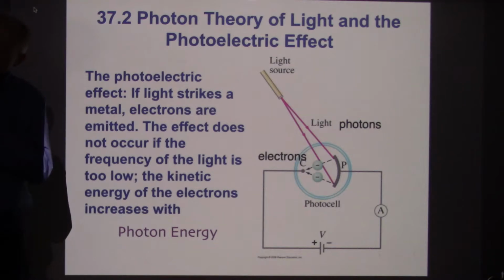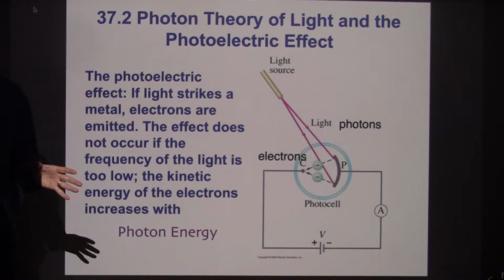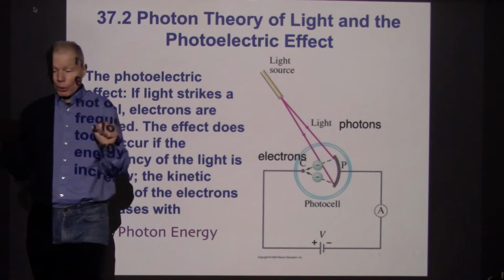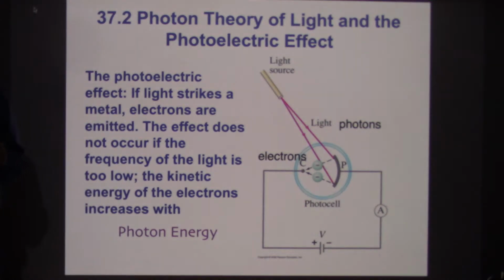So a very dim blue light will likely produce this effect, but a really bright, intense red light won't. I can shine a really bright red light onto that plate. The plate absorbs the red light, but it's not enough for individual photons to transfer enough energy to individual electrons to separate and create a current.